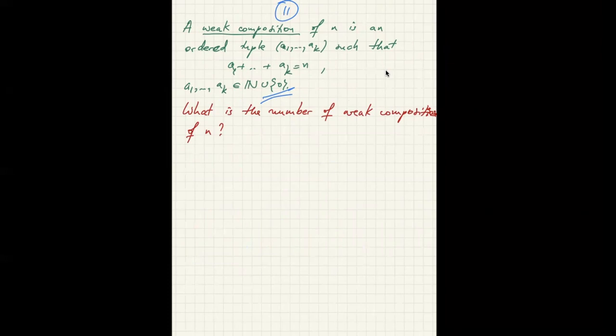So in this situation, k can be any number because you can just tag zeros on. So how can you count this number of ordered tuples such that a1 plus ... plus ak equals n? And so the same questions as before.